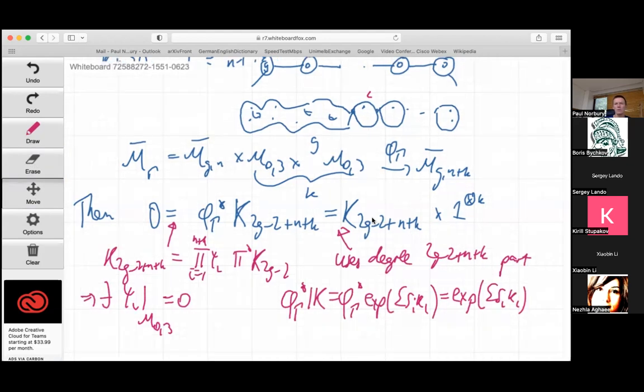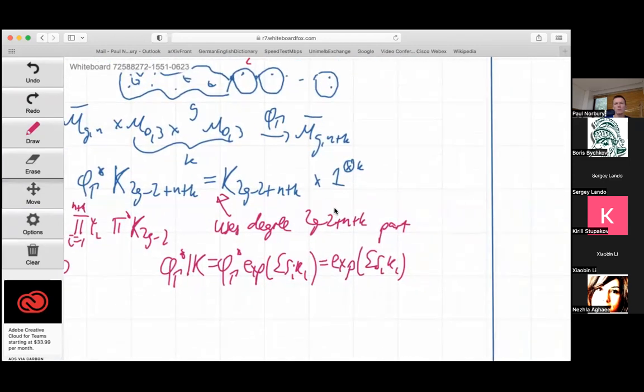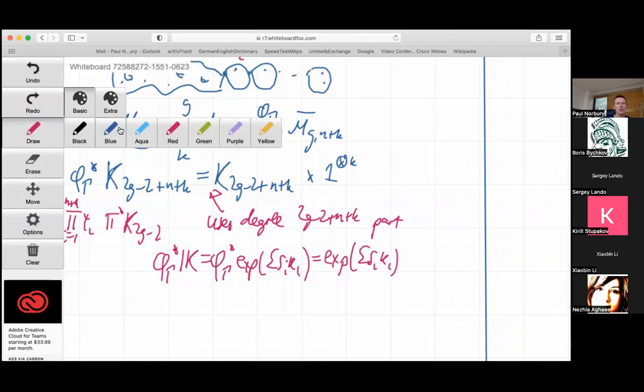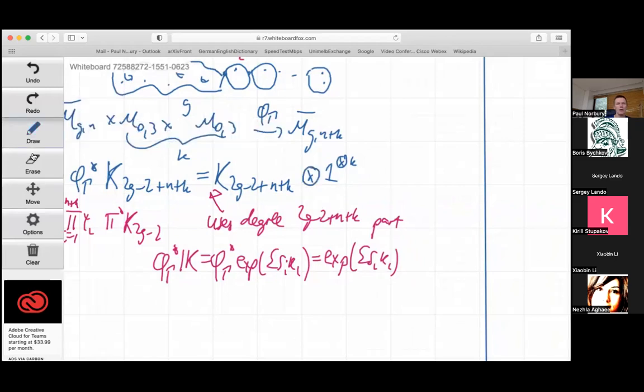This is tensor. So this is just iterating this restriction.